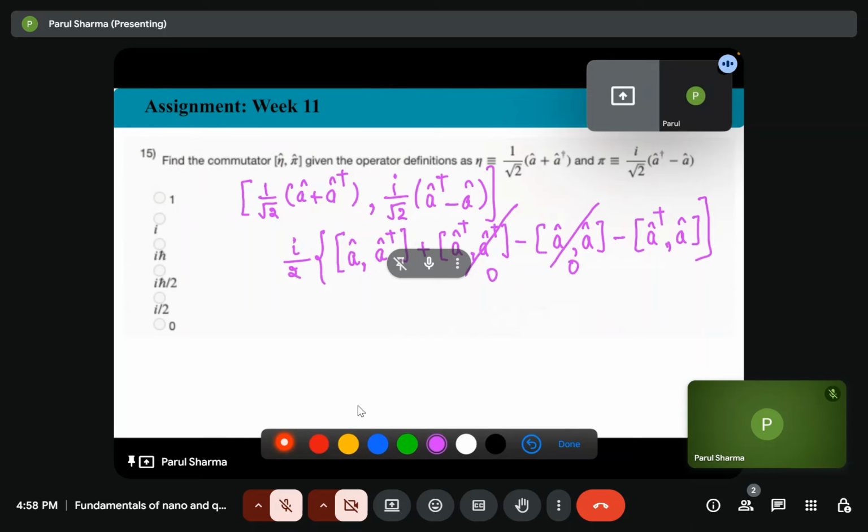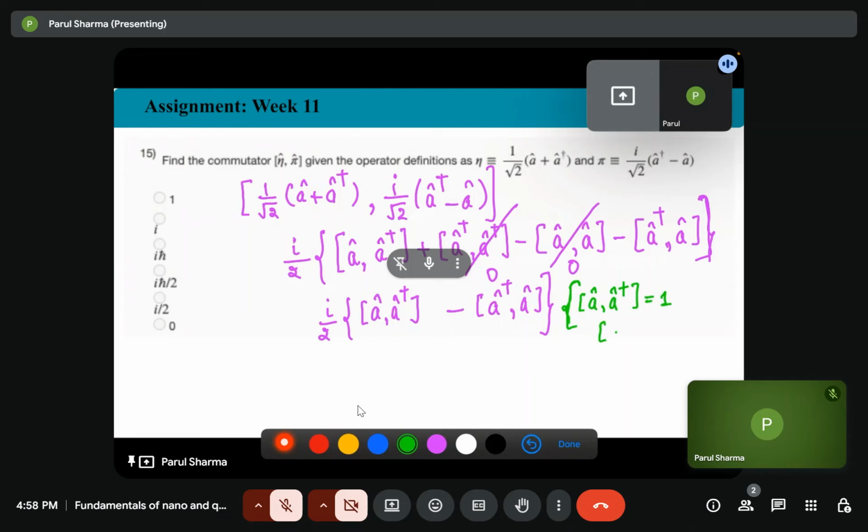Then we have iota by 2 times (a a dagger minus a dagger a). We know the commutation relation: a a dagger is equal to 1.